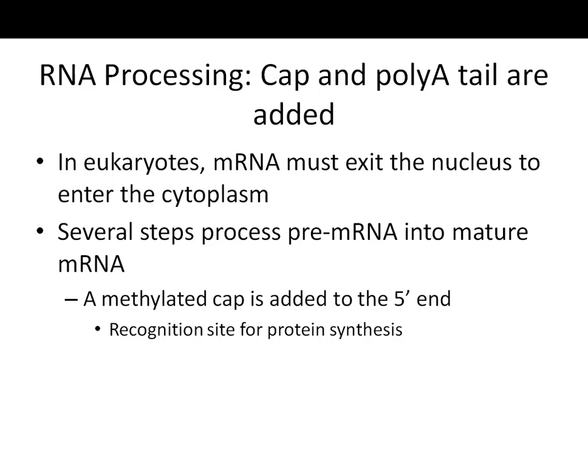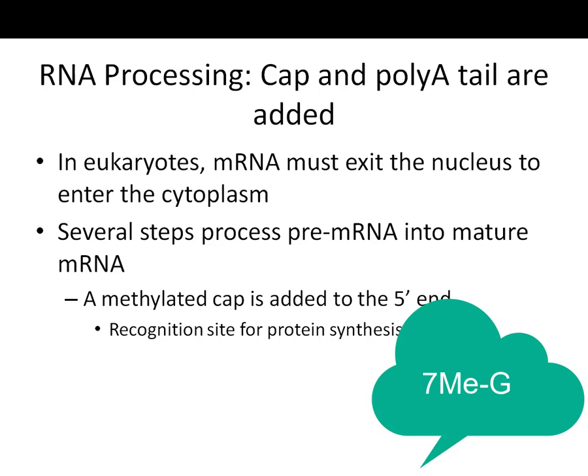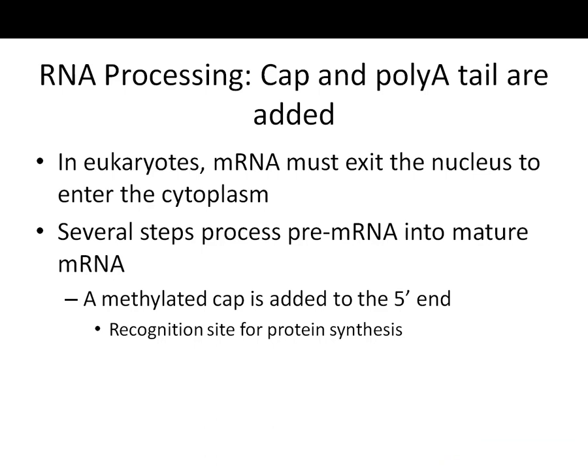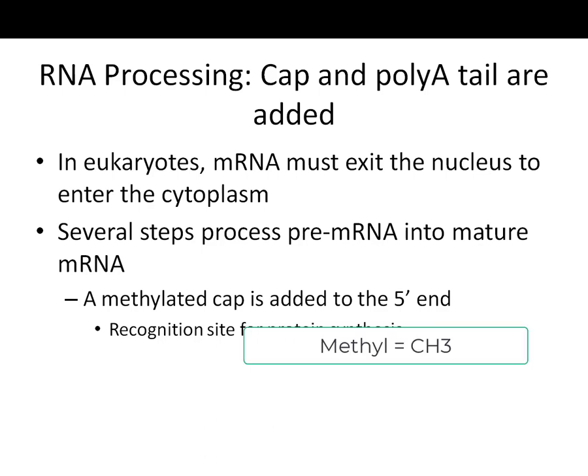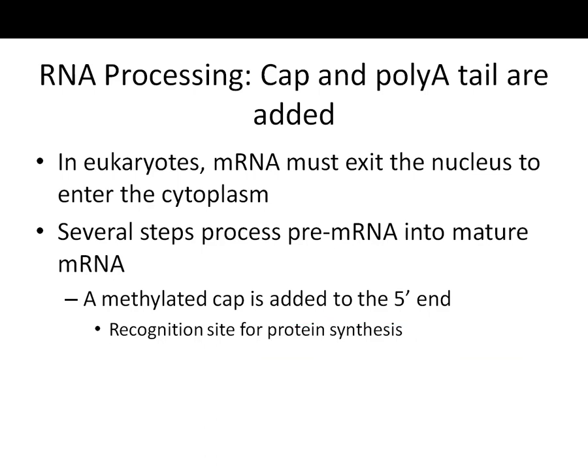At the 5' end of mRNA, a G nucleotide, a guanine nucleotide, gets added, and it has about 7 methyls on it. So it's a methylated G nucleotide that gets added to the 5' end. A methyl is a CH3, so you have 7 CH3s added to the G nucleotide on the 5' end.